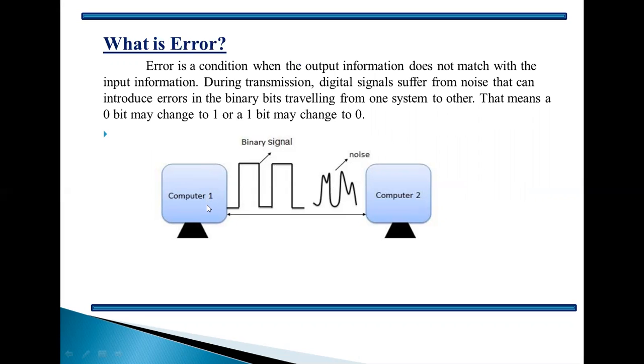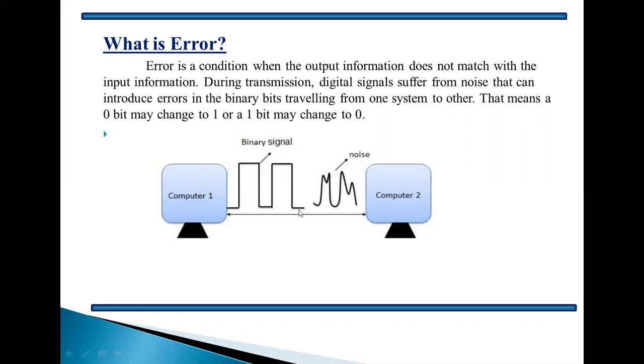Computer A sends a message to computer B in digital signals, that means zeros and ones. Due to noise or magnetic effect, the data will be different. For example, computer A sends a message of capacity 2 KB, and the computer receives data of size 1 KB. That means during transmission time, the data is lost.